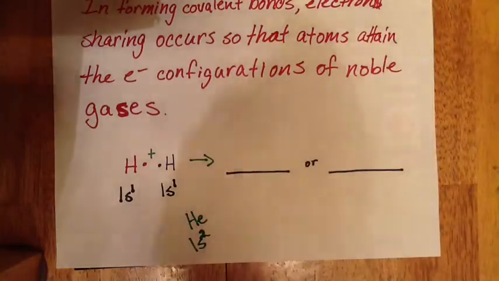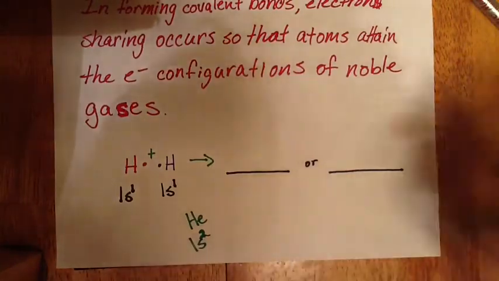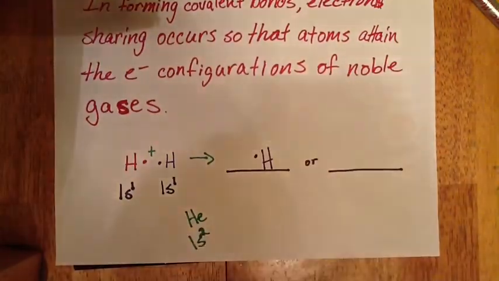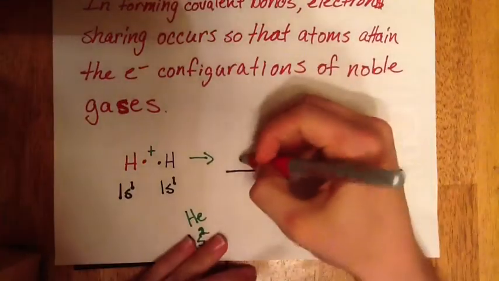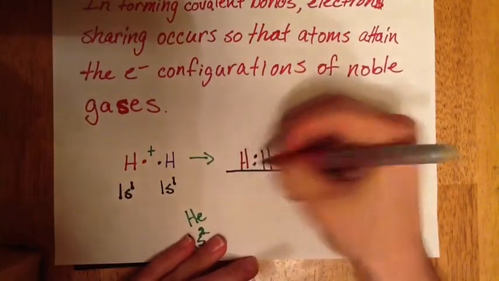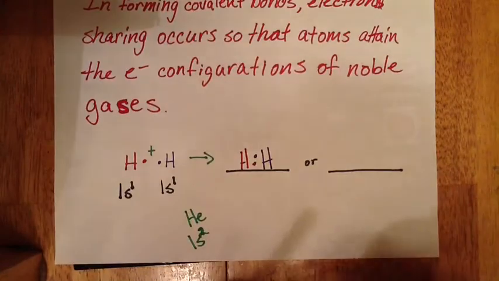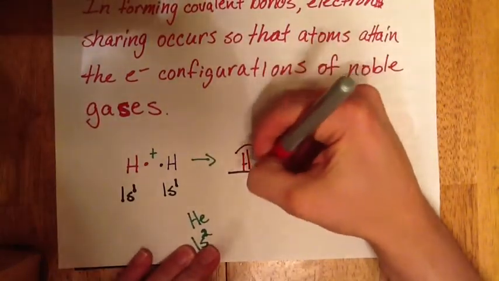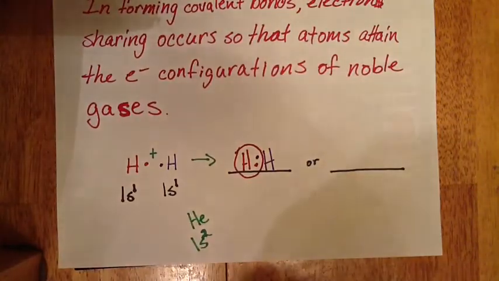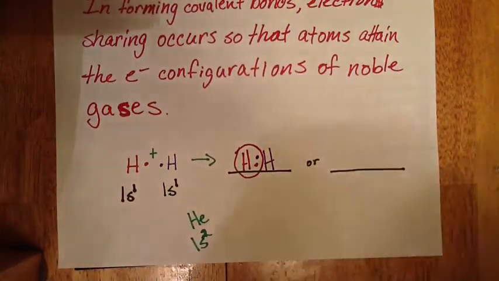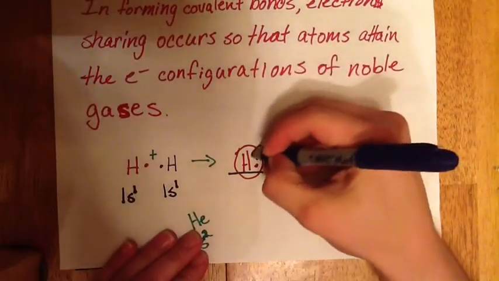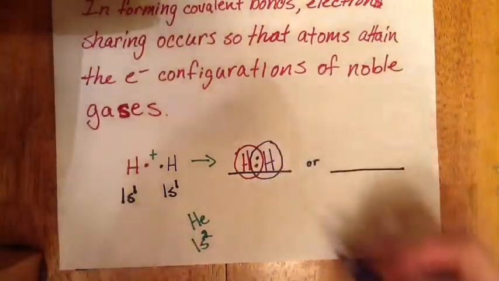Let me get my markers here. We have hydrogen, and that's purple, and we'll have a red hydrogen. We're just going to put them close together. And what we said yesterday was this hydrogen can now count both electrons because the red one is sharing his electron with the purple hydrogen, and they can count both of them.